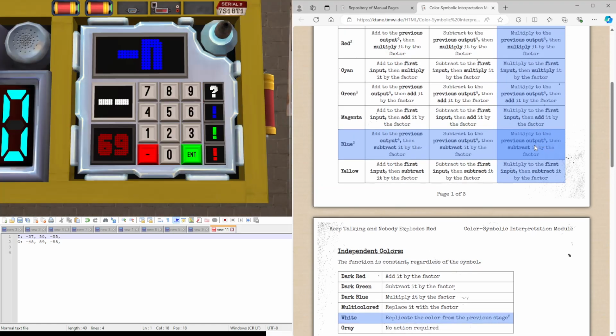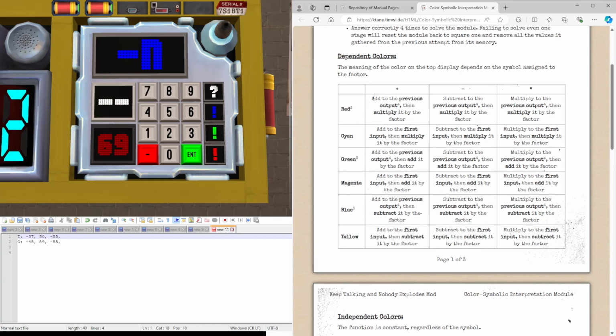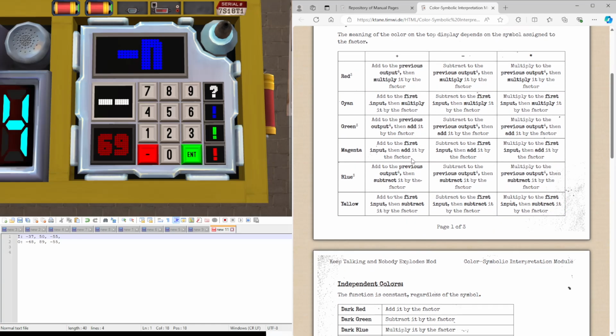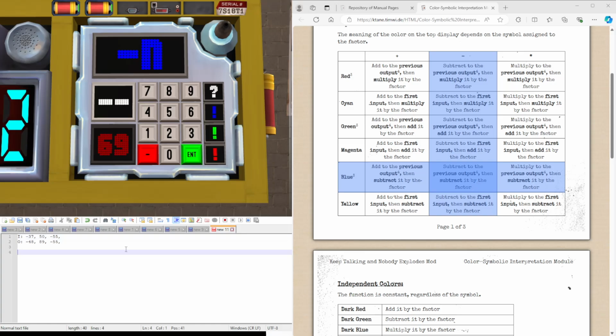We have a blue. We have blue and minus. So we've got the same rule again. So take our input, negative 69. Subtract the previous output from it. So minus 55.